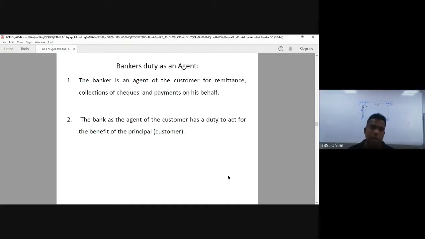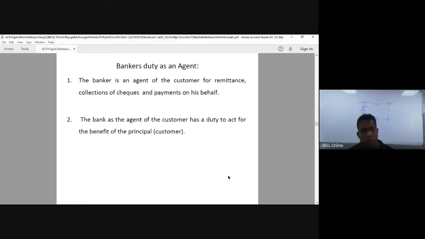The bank, as the agent of the customer, has a duty to act for the benefit of the principal, that is the customer. So always, if you are entrusted as the agent by your principal, that is the customer, the bank has a duty to act on behalf of the customer for the benefit of the customer.